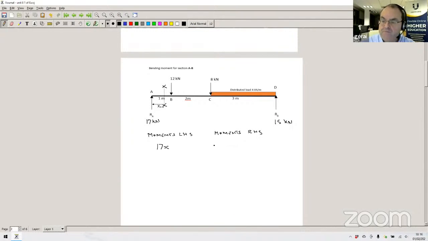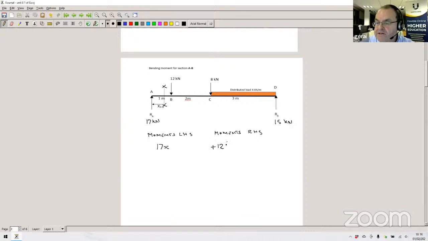So first of all, if we look to the right of our artificial point X, then we have a force of 12 kilonewtons. And of course, that's causing a clockwise rotation, so it's positive. So we'll have plus 12.